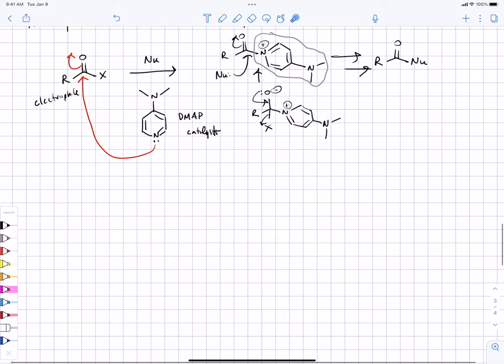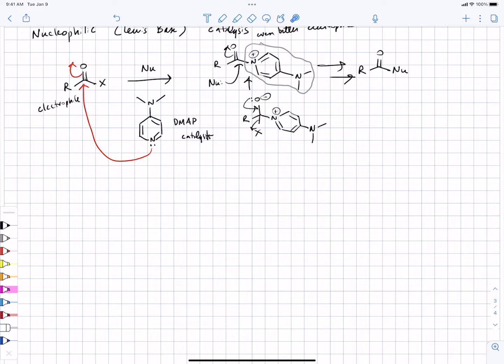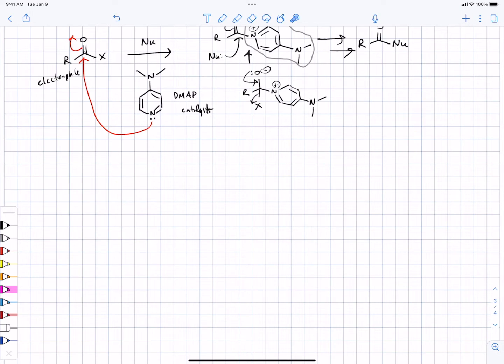Another example is use of a nucleophile to coax an electrophile into letting a leaving group leave to make a super electrophile. So as an example here, here's a BINAP-type ligand for a phosphorus.